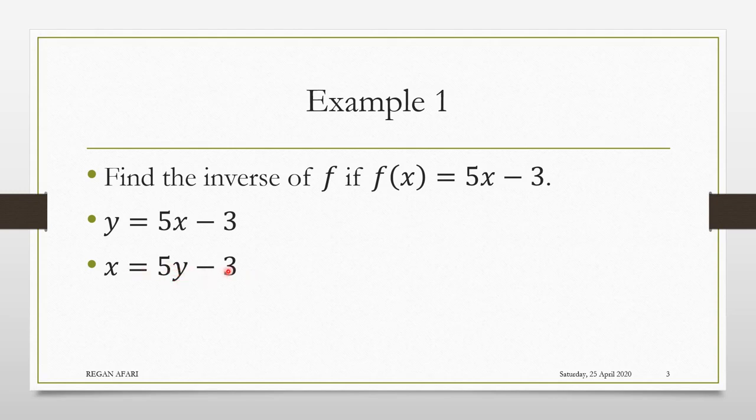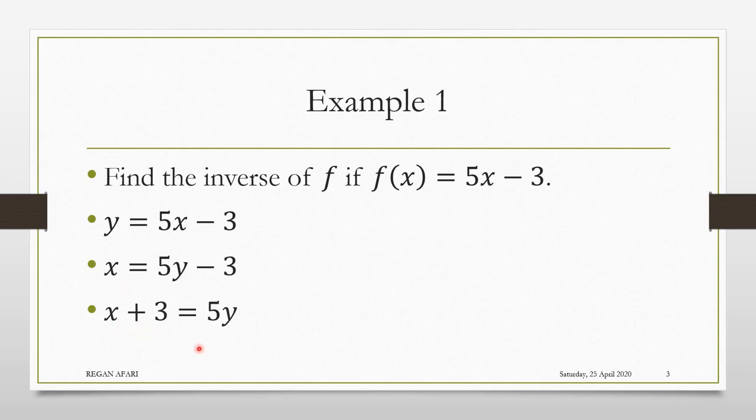We will move the 3 to the other side so that it becomes x plus 3. Then we divide through by 5. We move this 3 to the other side of the equation to become positive 3. Some will also say that adding 3 to both sides is also fine, or you can say you move the negative 3 across the equal to sign to become a positive 3.